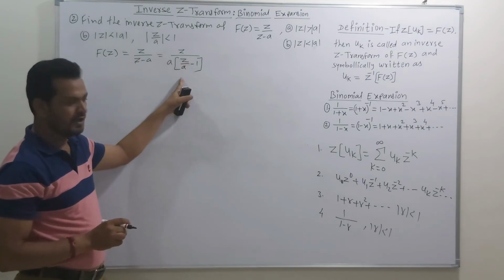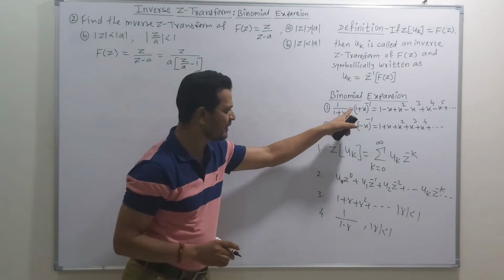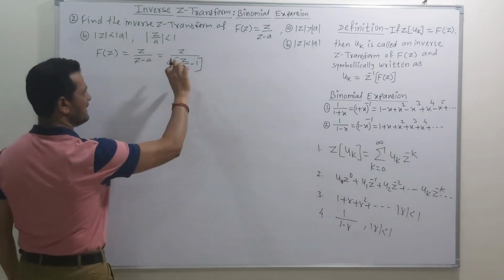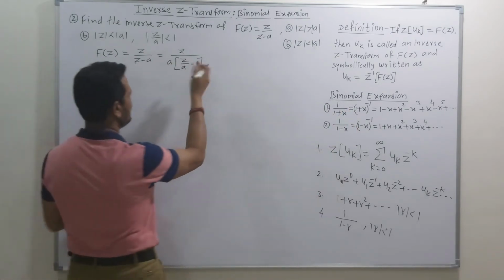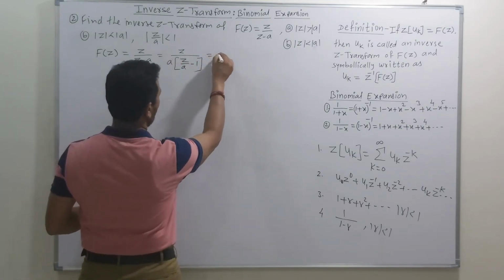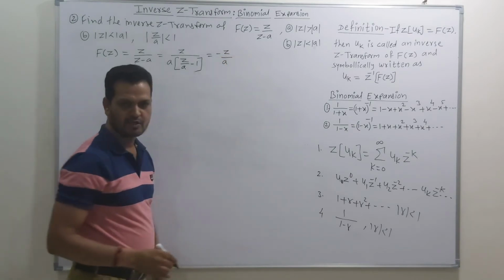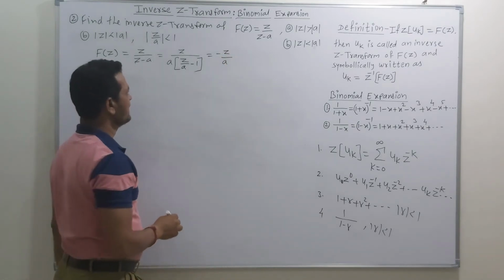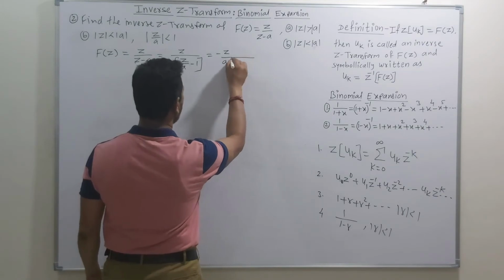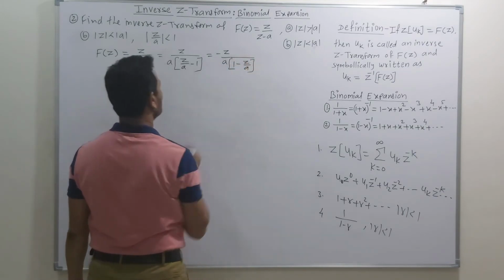After taking a common, we get z upon a as the value of r. But here we require the first term as 1. To get the first term as 1, let's write the first term as second and the second term as first. For this we multiply by a minus sign, so we get minus z upon a, and in the bracket we get 1 minus z upon a.